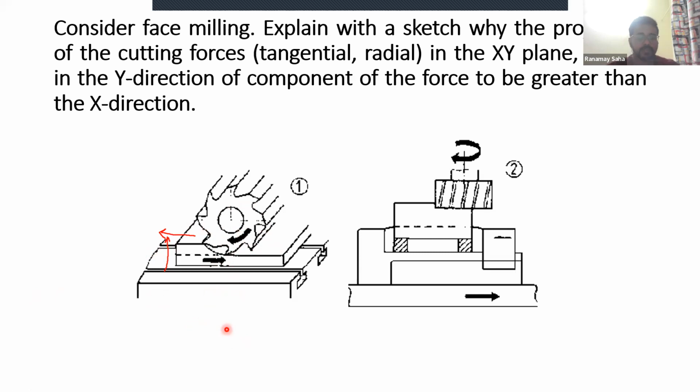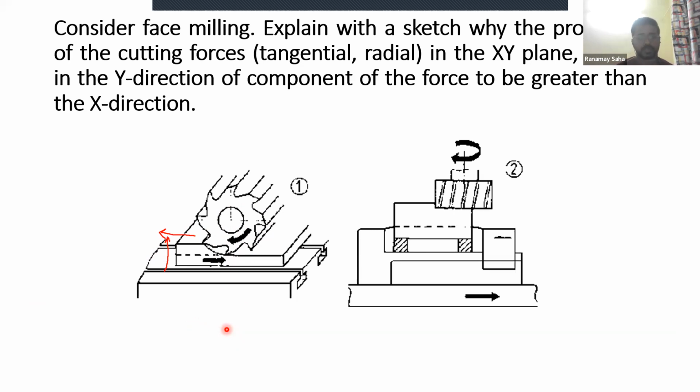So what we will do is find out the relations for the cutting force, thrust force, as well as the radial force, whatever is there. And then we can project them in the XY plane, because it is a 3D operation, right? So you project all of them in the XY plane, and then you see which one is coming highest.